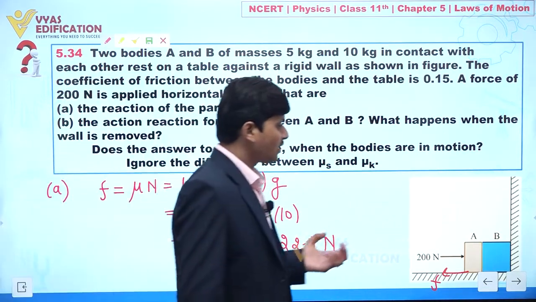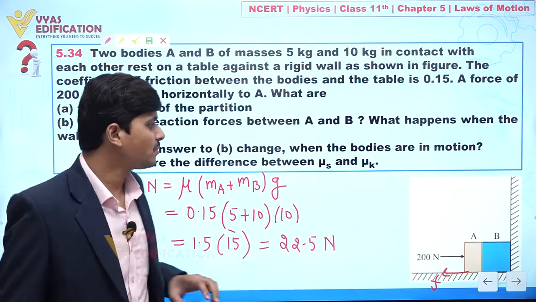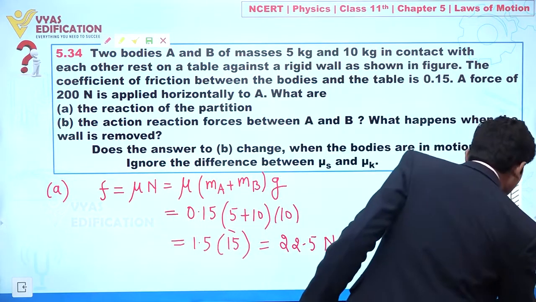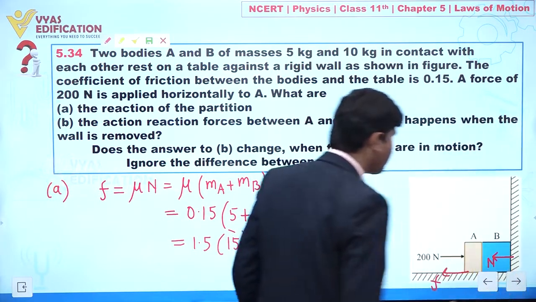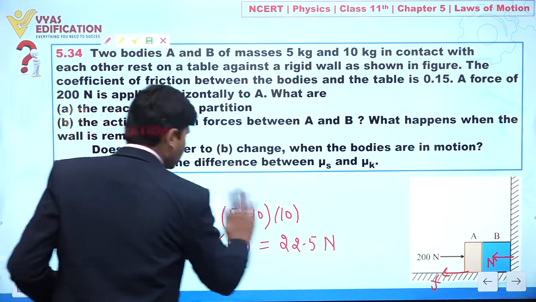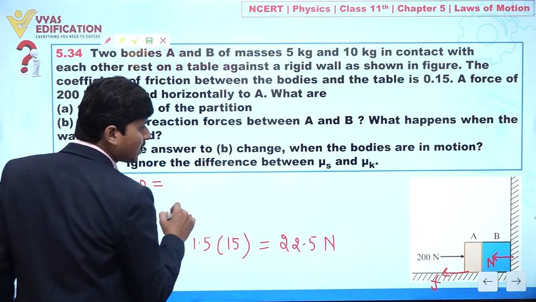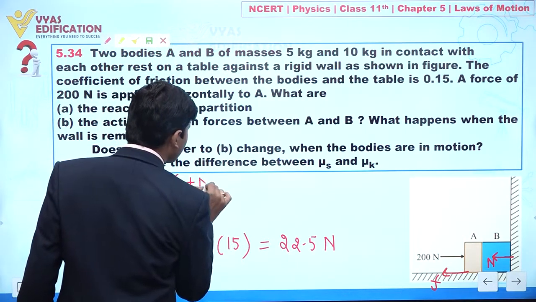Now this system is at rest. It means definitely that a normal reaction is exerted by the wall on these blocks. So I can write 200 Newton should be equal to friction force plus normal reaction.